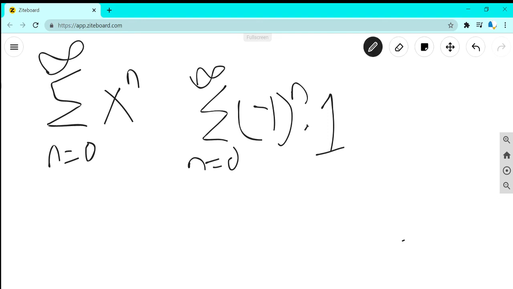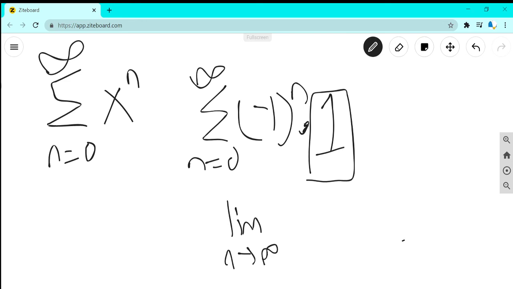With the alternating series test, we need to check if the limit as n approaches infinity of 1 is equal to 0.